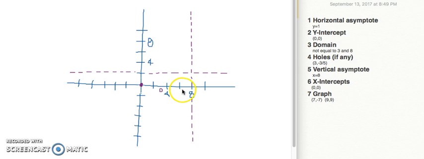So it will be (7, minus 7), approximately over here. And (9, 9), which will be approximately here.